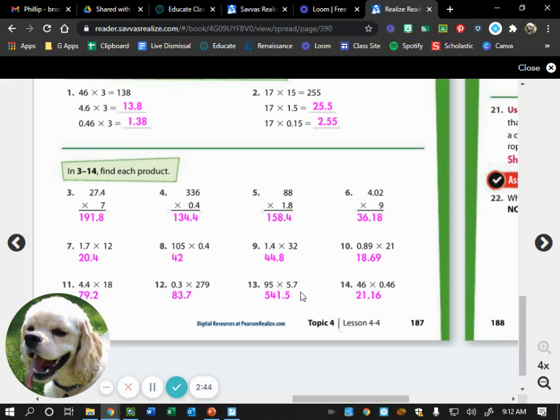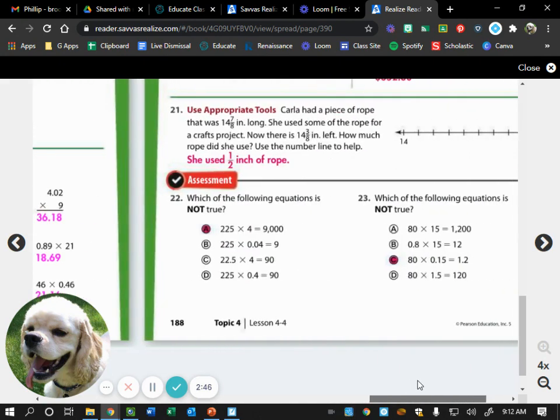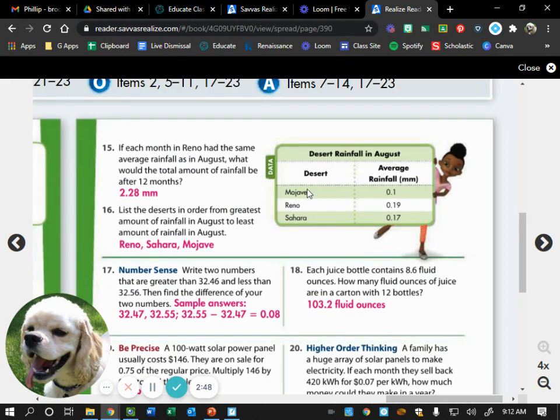Then we had number 15 and 19. Number 15 said, if each month in Reno had the same average rainfall as in August, meaning over here, this is the rainfall in August, Reno had 19/100 of a millimeter. If every month had that as its average, what would be the total amount of rainfall after 12 months?